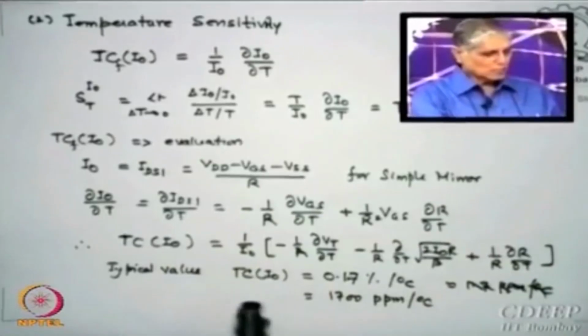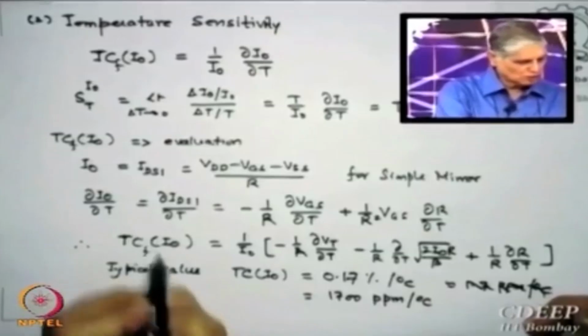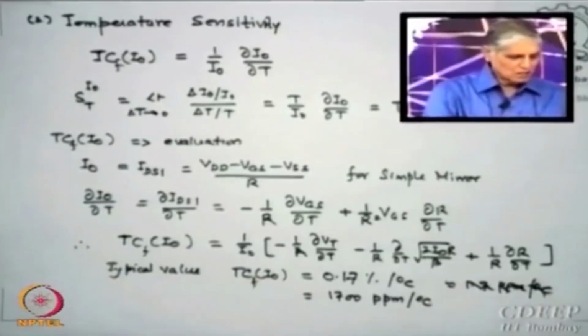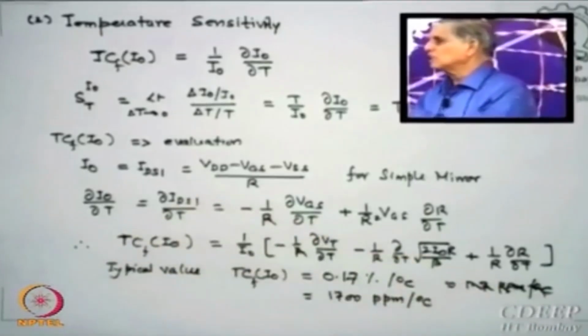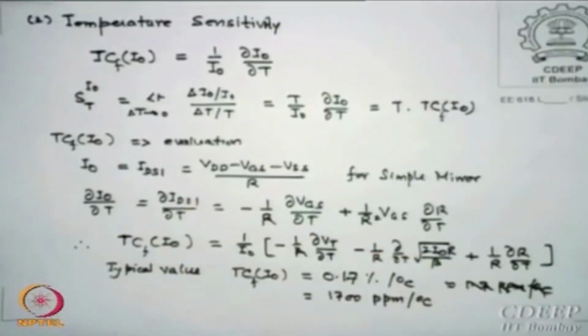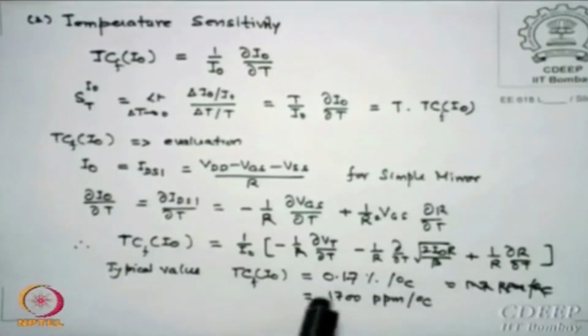So basically what is TC or TCF, if we keep calculating the same name everywhere? If you substitute those values for the simple mirror, 380K and 1.2 volt VGS, VT of 0.83 volts, we can figure it out. This is 0.17% per degree centigrade, typical.